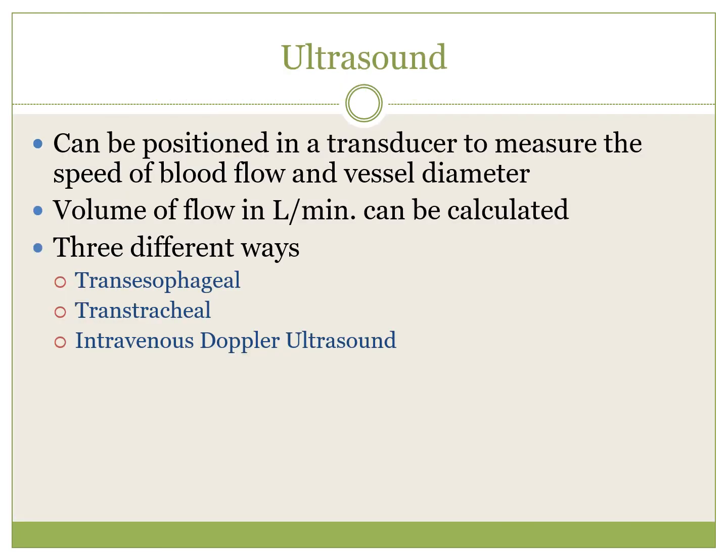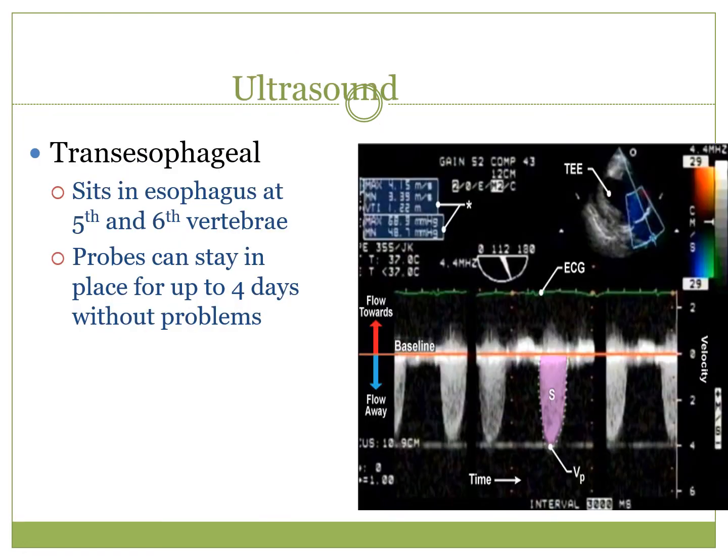Ultrasound, probably something that you're a little bit more familiar with. This uses volume of flow in liters per minute. It can be calculated. There are 3 different ways that you may see this: a transesophageal, a transtracheal, or an intravenous Doppler ultrasound. Transesophageal is one that they actually put into the esophagus.